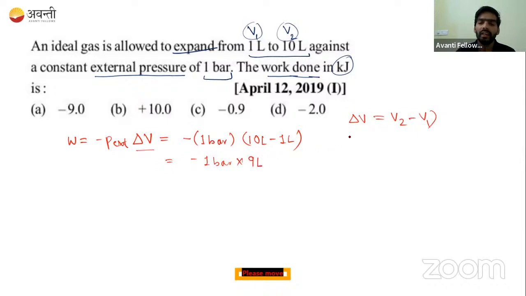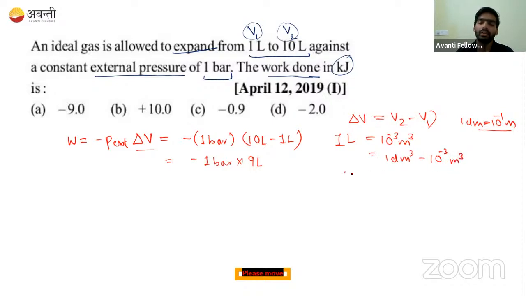9 liter. Then we know the unit conversion: 1 liter is nothing but 10 to the power minus 3 meter cube. Because 1 liter is 1 decimeter cube, and 1 decimeter is 10 to the power minus 1 meter, so if it is cube, it becomes 10 to the power minus 3 meter cube.